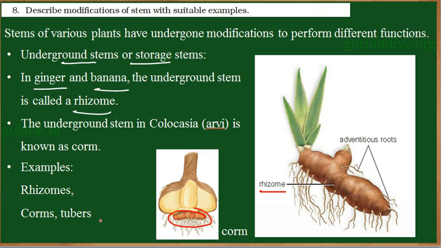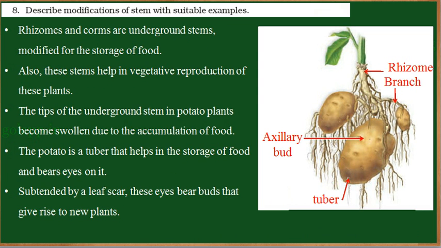Similarly, in plants like potato, it's an underground stem. The stem becomes swollen due to accumulation of food. These swollen structures are called tubers. They help in storage of food, and these structures also bear small eyes on them, which is the place where the leaf was attached.